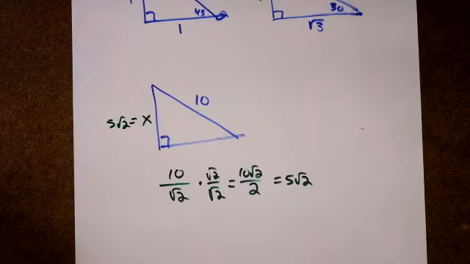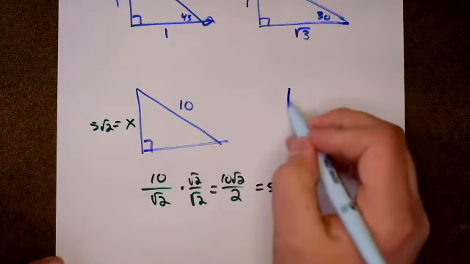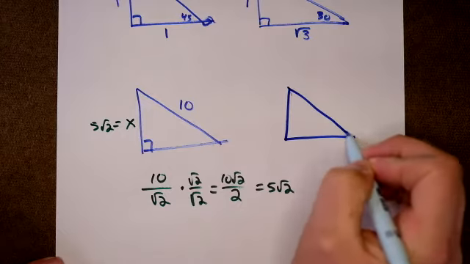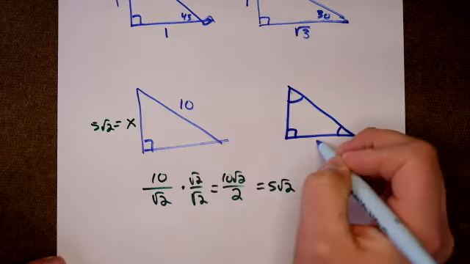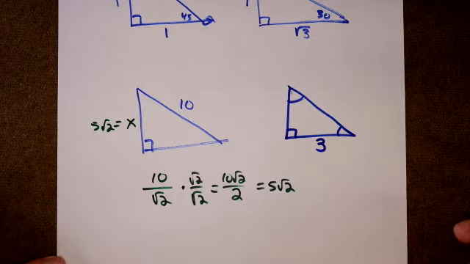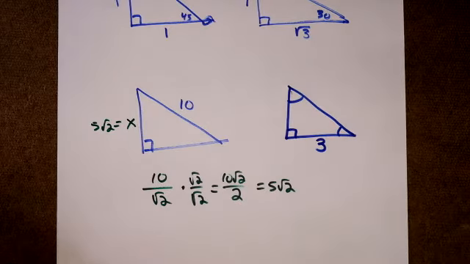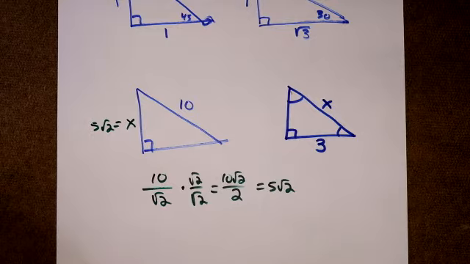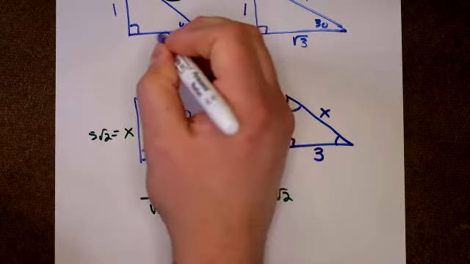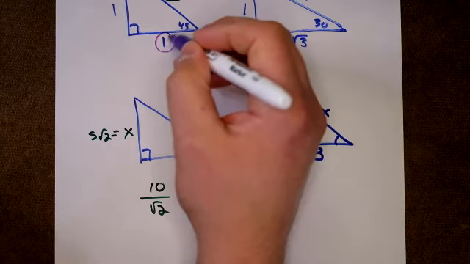Now, if I've got another 45, 45, 90, and let's suppose this time I tell you that the short leg is 3, and I want to know the hypotenuse. Well, in a case like this, if we're going from the short leg to the hypotenuse, what do I do to the short leg to get to the hypotenuse?